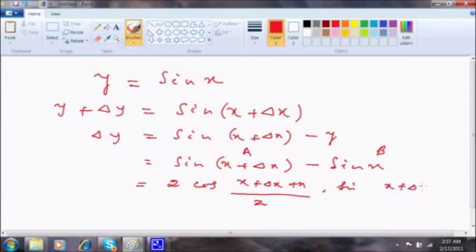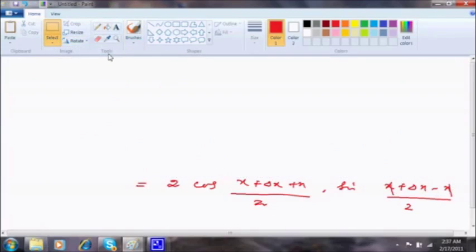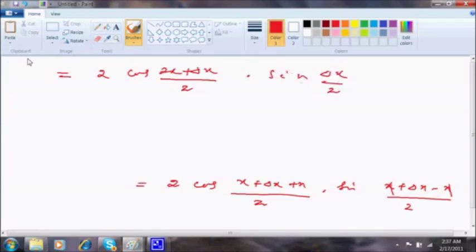So it's (x plus delta x minus x) by 2. So this is 2 cos of (2x plus delta x) divided by 2 into sin delta x by 2. This is what delta y is.